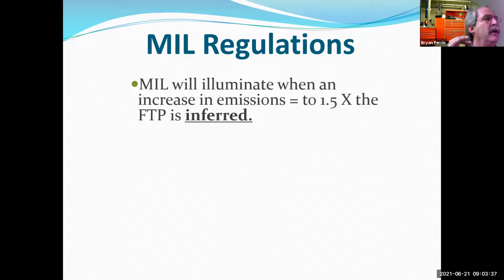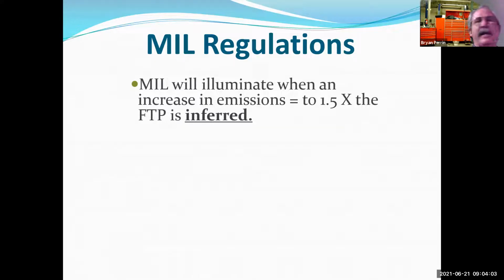So since I'm not measuring the gases coming out the tailpipe going down the road, we're going to infer that the car would be polluting based on the type of failure. So if we infer that based on the fact the catalytic converter is not working correctly, we can infer that emissions would be higher out the tailpipe. Therefore, we're going to turn the check engine light on.